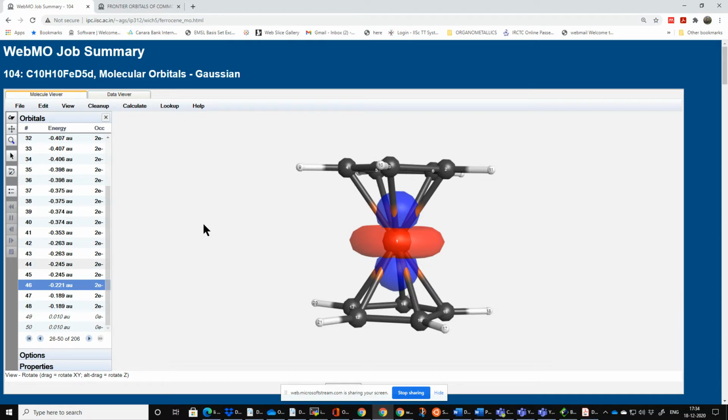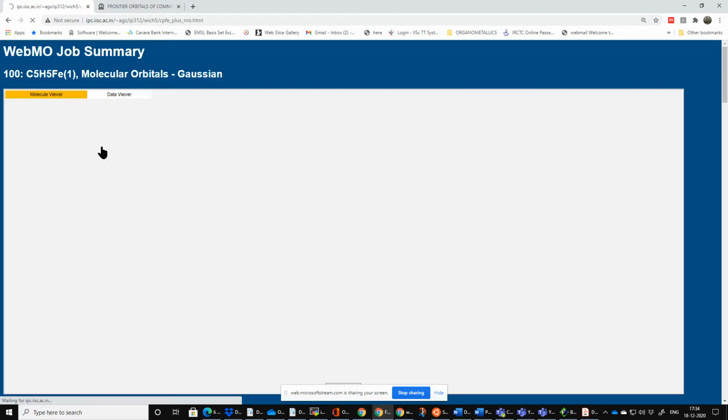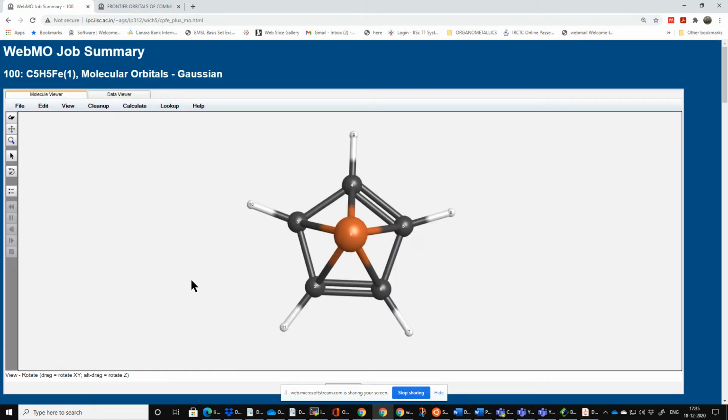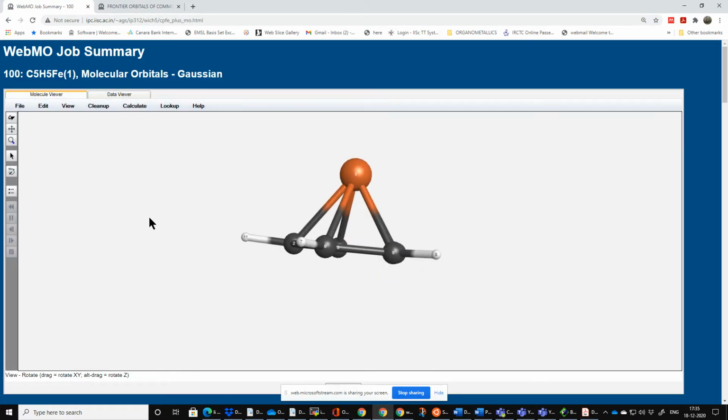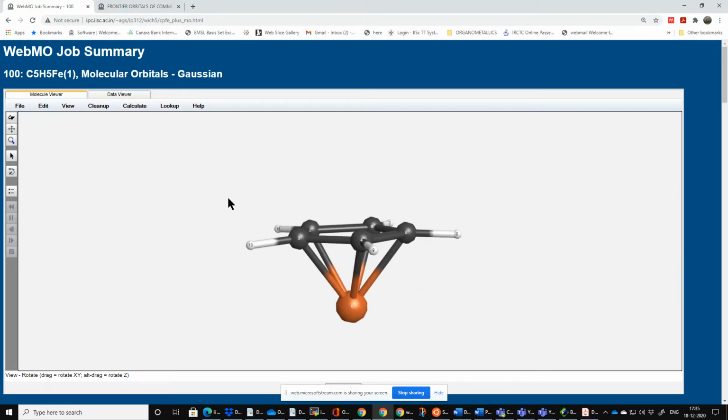Now let me go back to the main page where ferrocene and other fragments are listed. If I click on FeCp plus, I will see the fragment which is generated by removing one of the Cp rings from the ferrocene molecule.